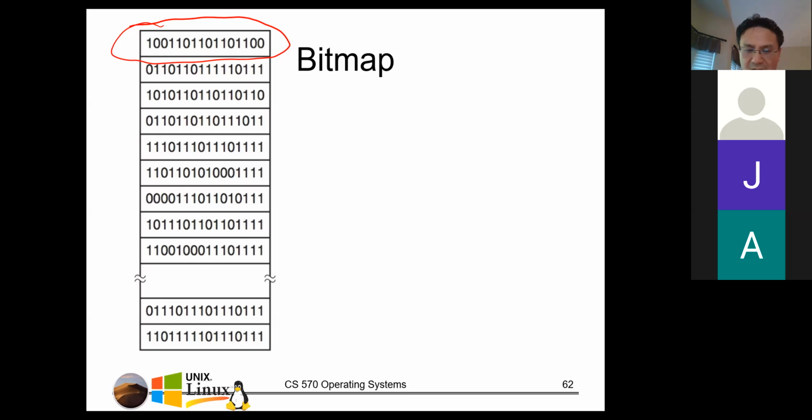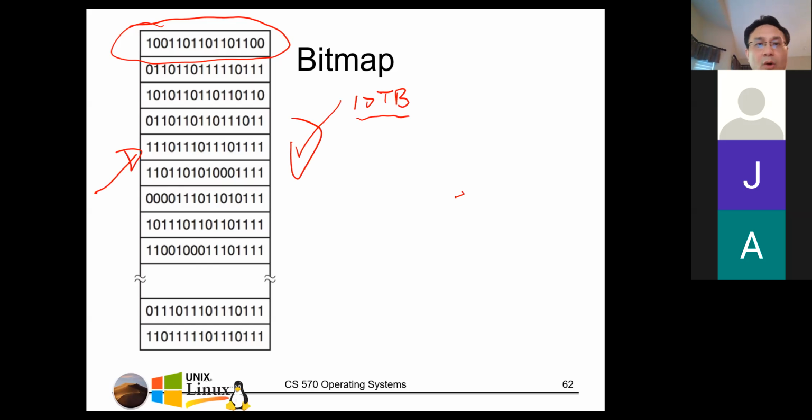Let's see how that would be the case. Let's see how much space we need to store this kind of bitmap for all blocks on a 10 terabyte drive. With this kind of scheme, what size do we need just for this bitmap to track the block availability for each individual block on this 10 terabyte drive?